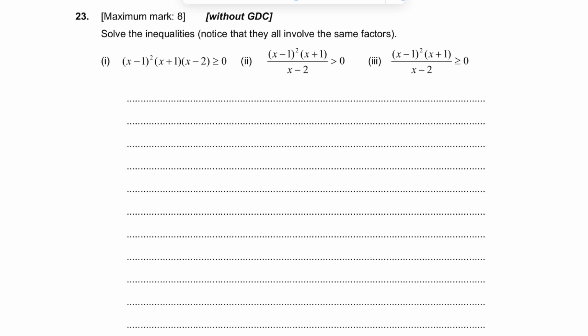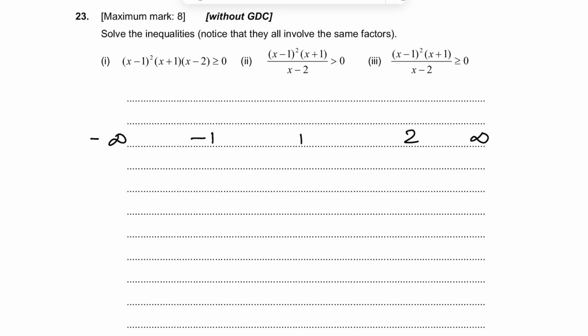Once I factorize it out, x minus 1 whole square times x plus 1 times x minus 2 is greater than or equal to 0. So what are the factors? The factors are negative 1, 1 and 2. And I take negative infinity till positive infinity.